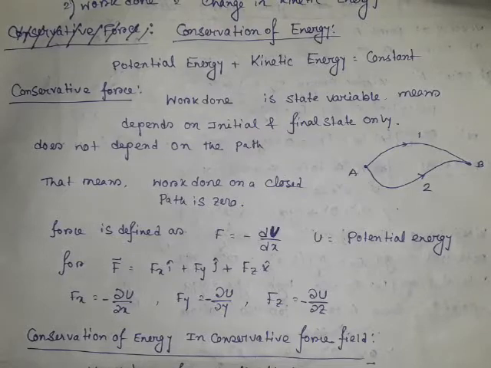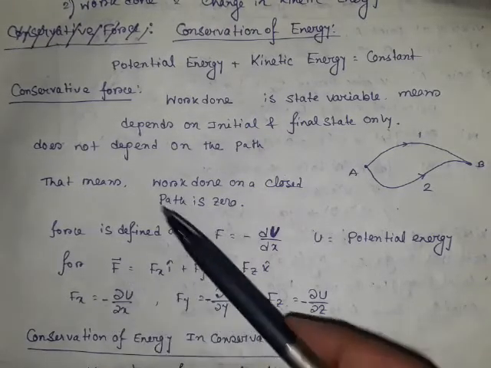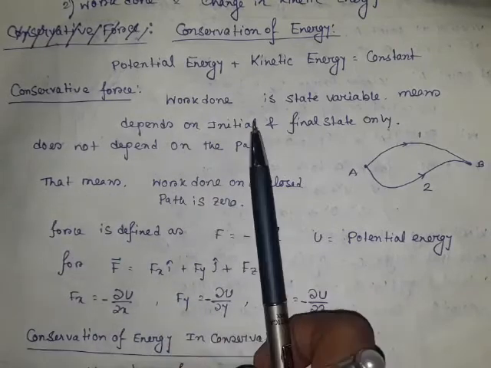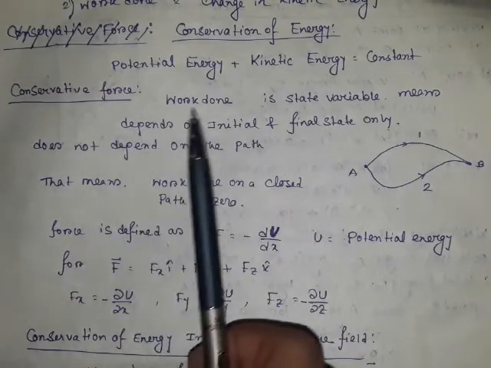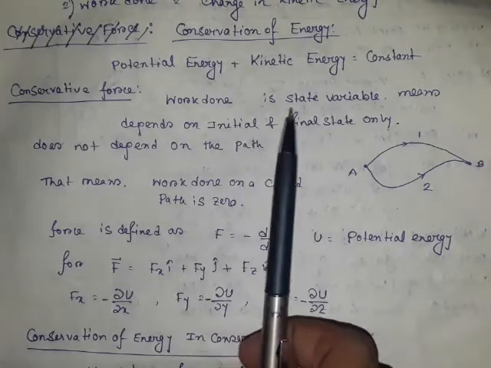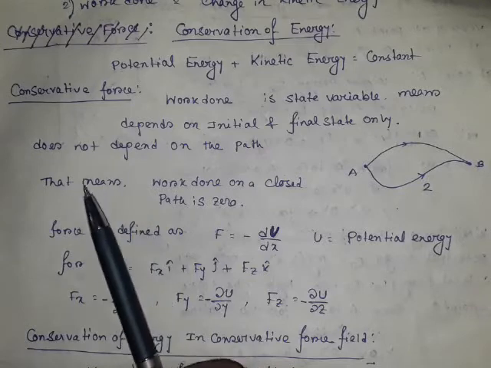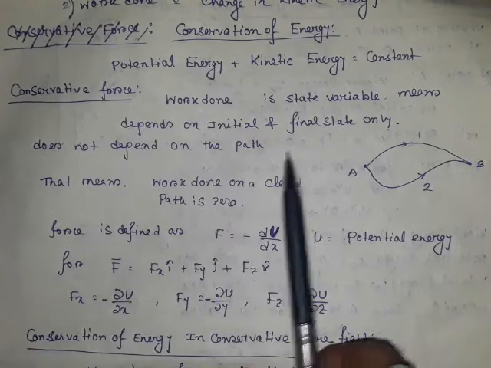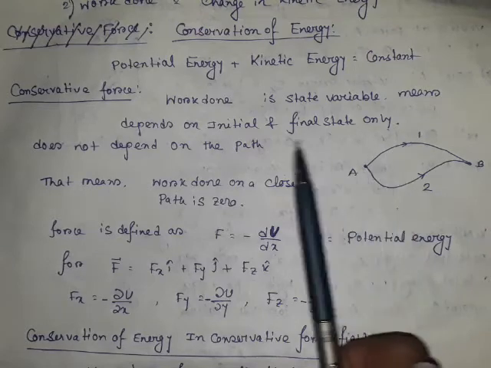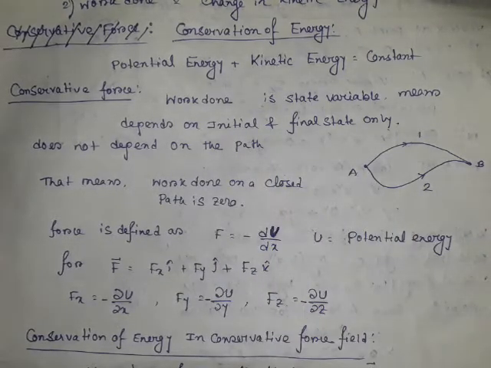A conservative force is a type of force for which work is a state variable. That means it depends on the initial position and the final position of the object, but it does not depend on the path which the object travels.